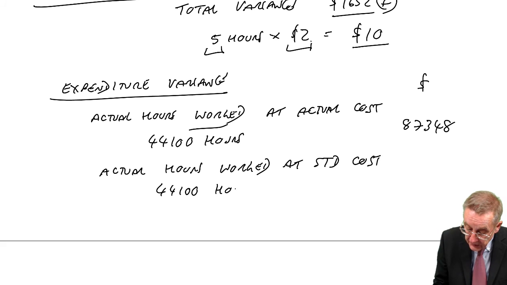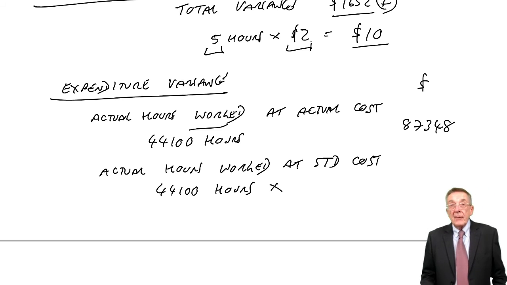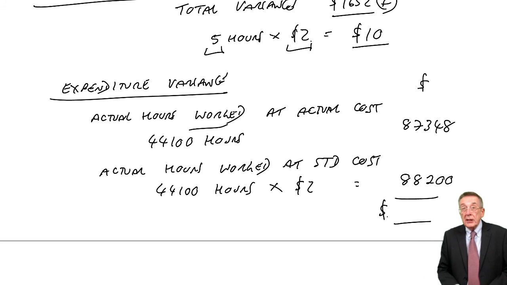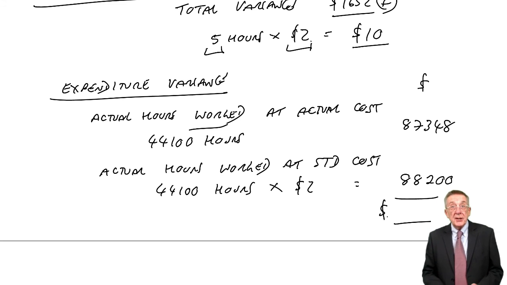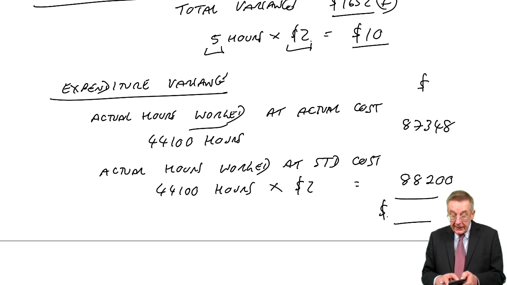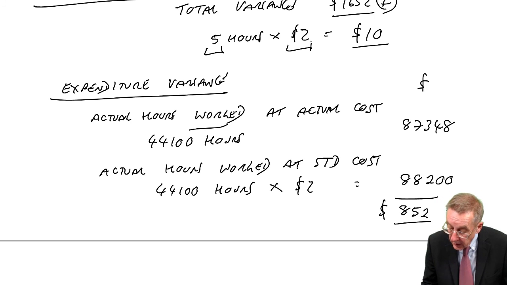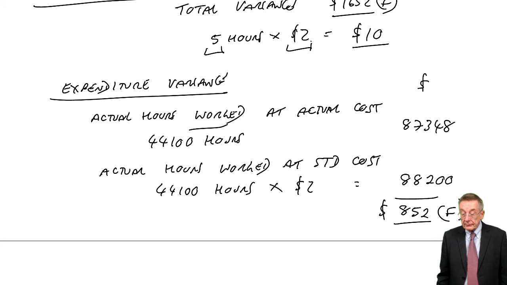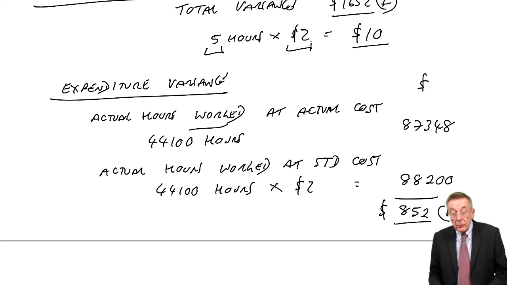They worked 44,100 hours. And the overheads should have cost $2 an hour, a total of 88,200. So we have paid a little bit less than $2 an hour, and how much has that saved us? 88,200 minus 87,348, 852. Favourable. We paid less, we've saved money.